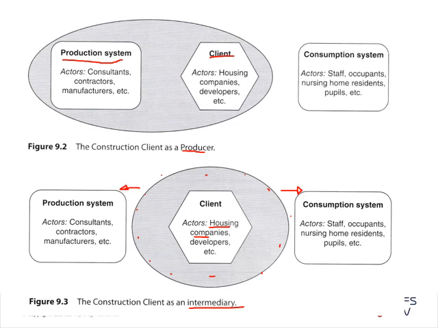Okay, so a good example of this is a developer who gets an outside procurement or consultants production system. He only gives the money. It's like an investor. Investors are a good example of the intermediaries.